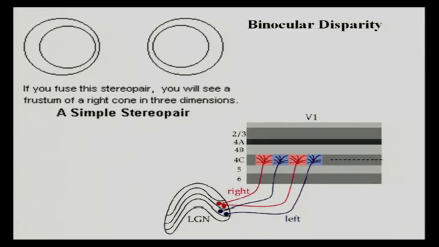And we haven't mentioned how the inputs from the two eyes actually get organized together. So remember, the geniculate has inputs from the contralateral eye in one set of layers, from the ipsilateral eye in another set, but they're from corresponding points of the visual space, shown here.